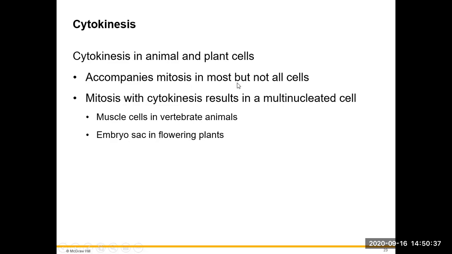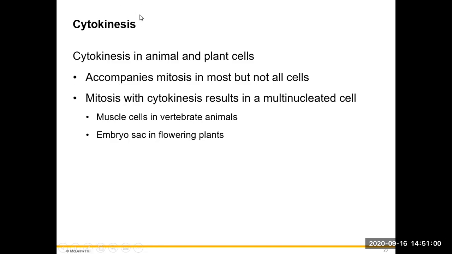Cytokinesis accompanies mitosis in most, but not all cells. There are cells that go through mitosis, but not cytokinesis. That means if you go through mitosis, you divided your DNA into two and you are going to have two nuclei.